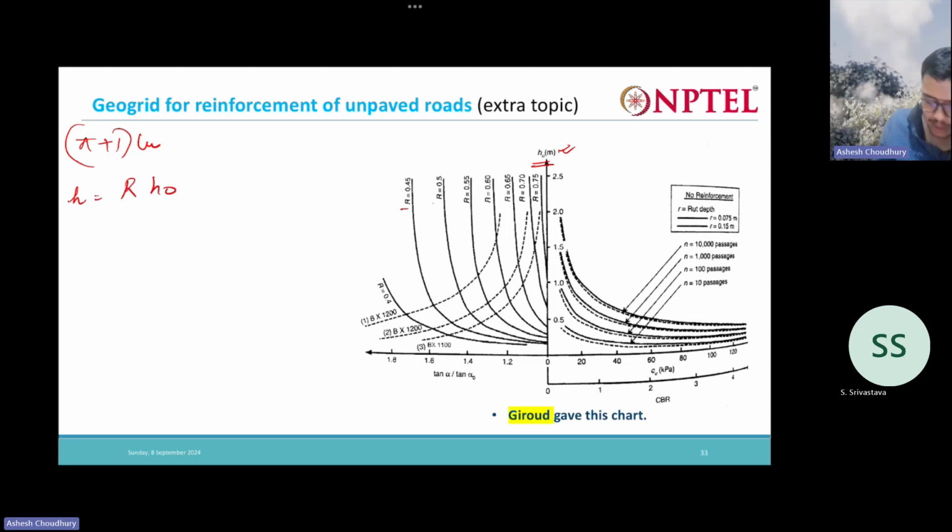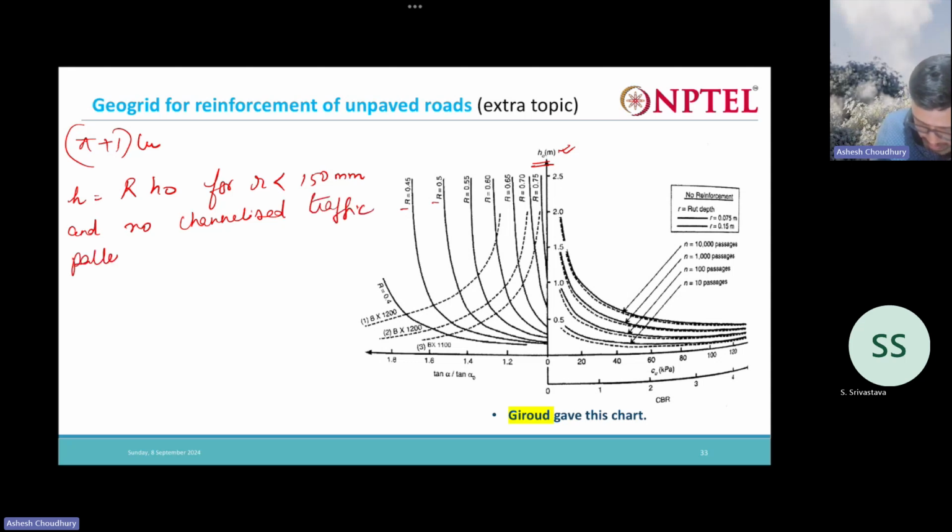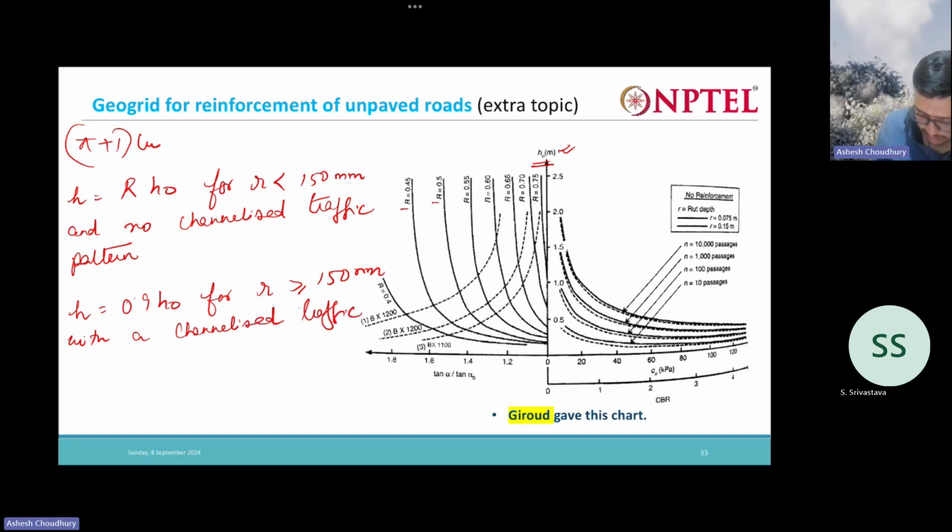So h is r into h naught, for condition rutting depth less than 150 mm and no channelized traffic pattern, and h is equal to 0.9 times h naught for rutting depth greater than or equal to 150 mm with a channelized traffic pattern. Done. Okay, now let us see this question.